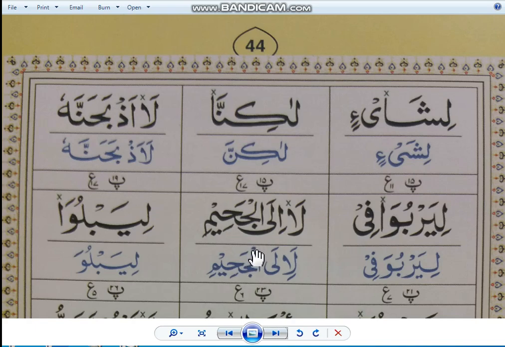So any time after a ya at the end of one word, and then after the ya at the end of the last word comes a letter with sukoon as the first letter in the next word, then you skip the ya here, and then you skip also the alif, and then you just go to the lam. La ilal jahimi.